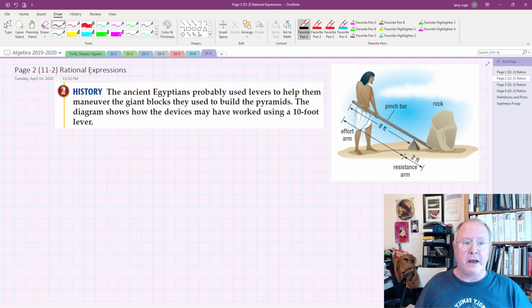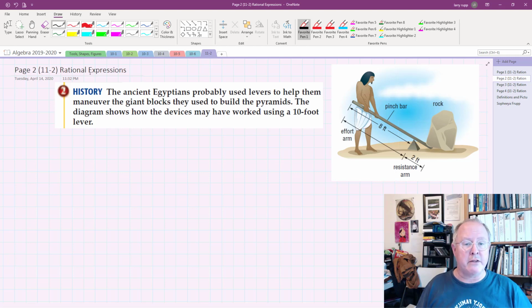Had they just resorted to bare physical strength, they would never have been able to move any of these blocks that built the pyramids or the Sphinx or anything like that. So example 2 here. It says the ancient Egyptians probably used levers to help them maneuver the giant blocks they used to build the pyramids.